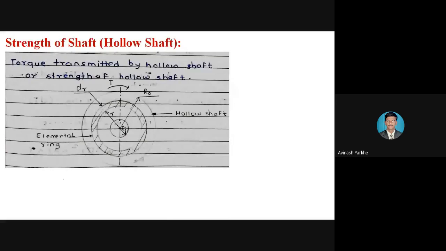Again, it is represented by the capital T. Therefore, capital T is equal to pi by 16 into tau max into, in bracket, do raised to 4 minus di raised to 4, divided by do. This is the formula for the torque transmitting capacity for the hollow shaft.